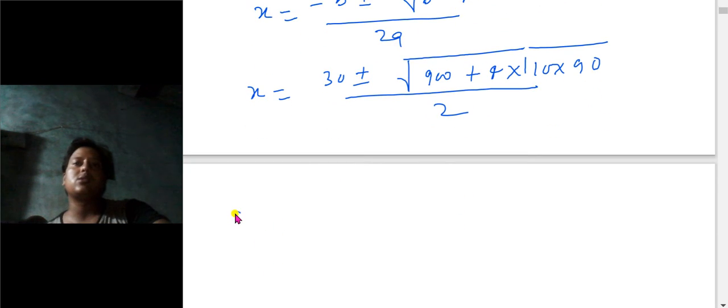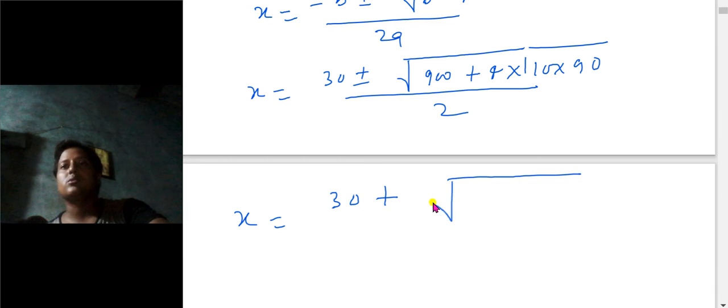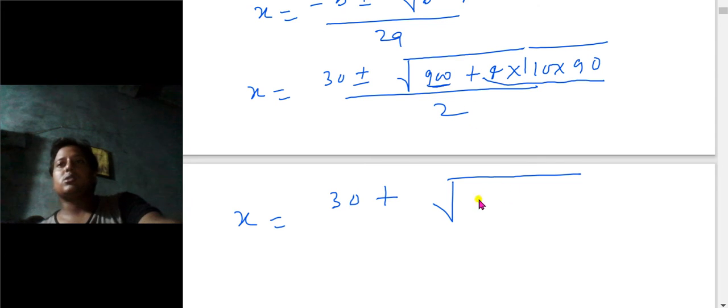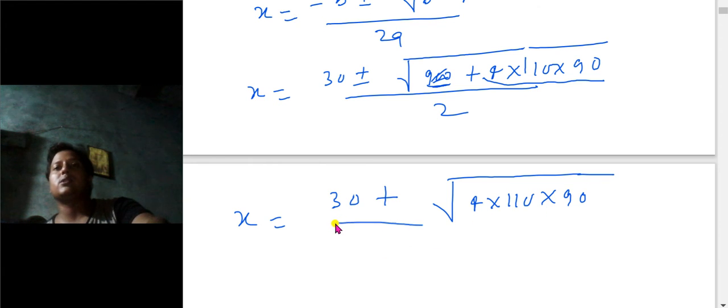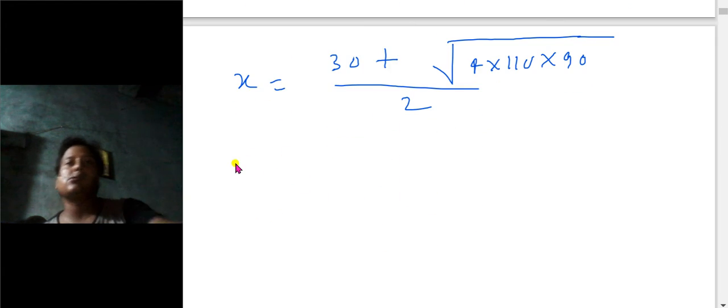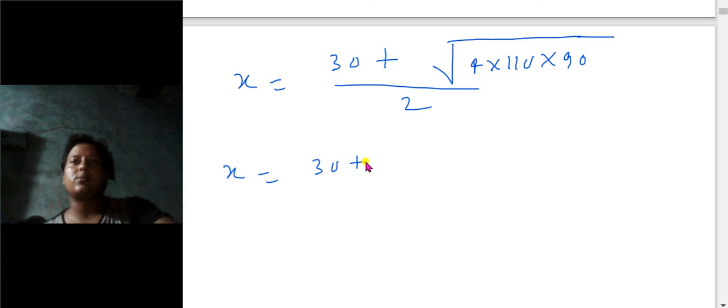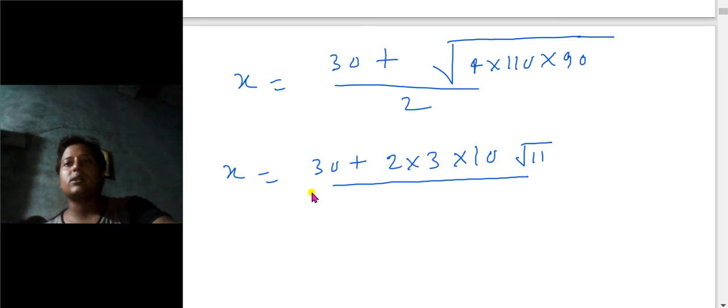So x is what? x is 30 plus under root. This is a very large number compared to this. So removing this term, 4 multiply 110 multiply 90 divided by 2. So x equals 30 plus 2 multiply 3 multiply 10 under root 11 divided by 2, 15.